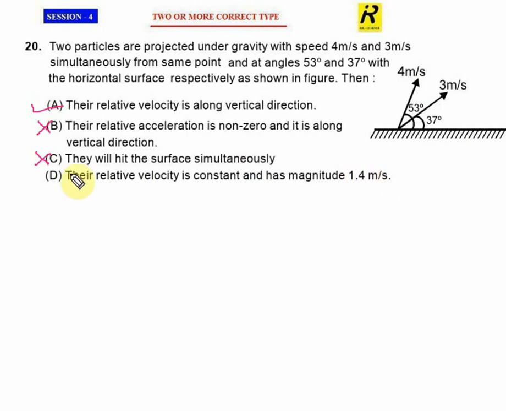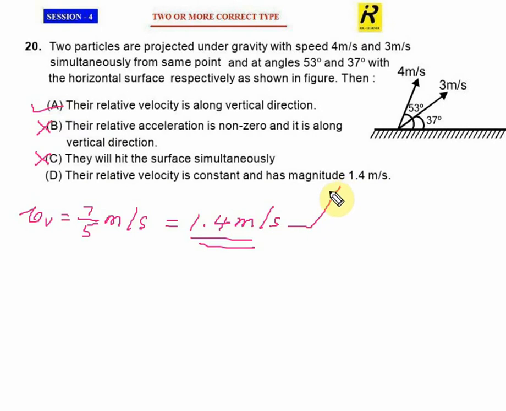In the first part of our discussion, we got the vertical velocity as 7 divided by 5 meter per second, which is 1.4 meter per second. So this is correctly said here.